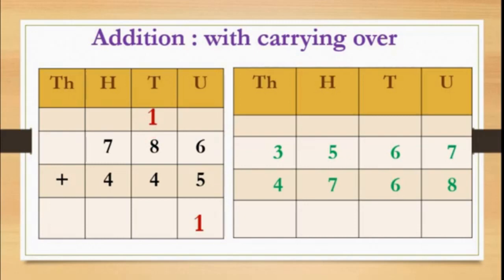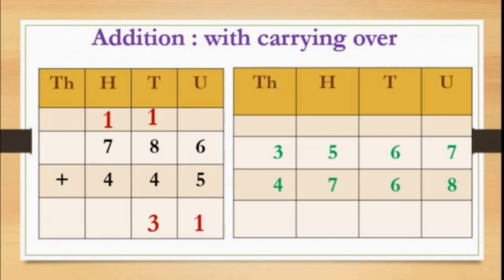You know this, correct? Now we are going to add the numbers in the tens column. That is 1 plus 8 is 9, 9 plus 4 is 13. So 3 we will write in the tens column and 1 is carried over to the hundreds place.